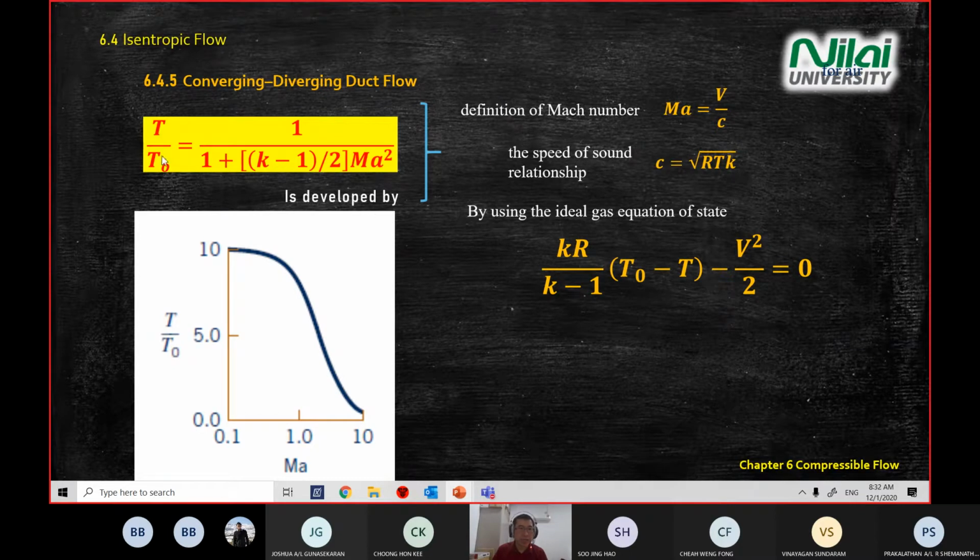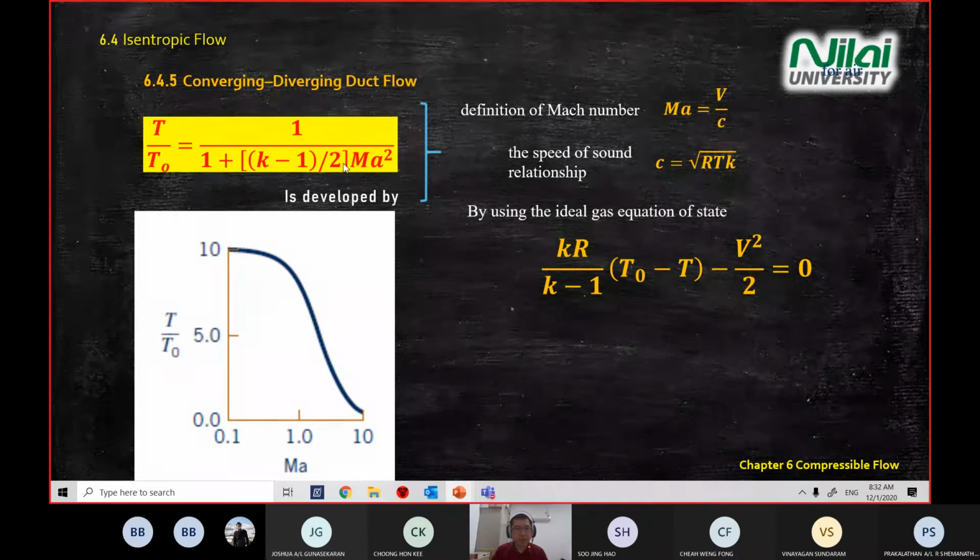It's very important. Why is this important? Because we have a T over T0 with the stagnation temperature. We will use it when you have a compressible scenario. If you look at your tutorial or handouts, page 17, there are 3 equations there.